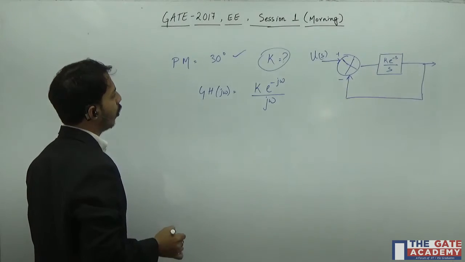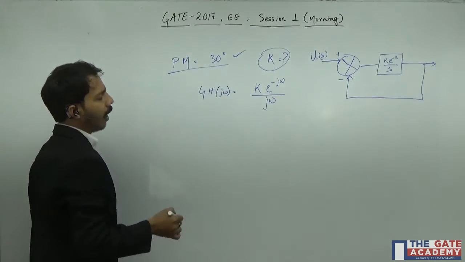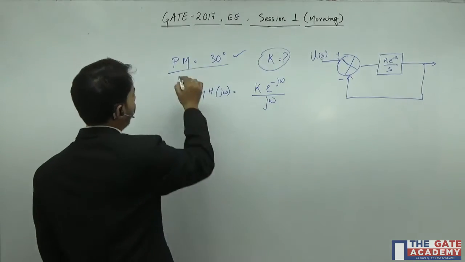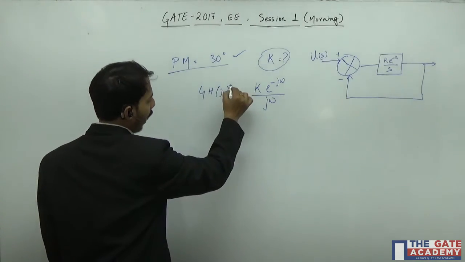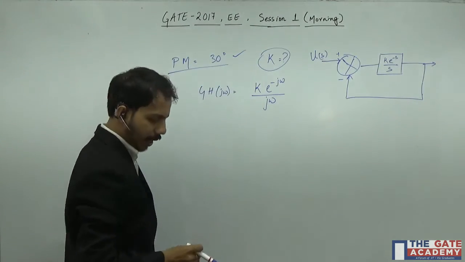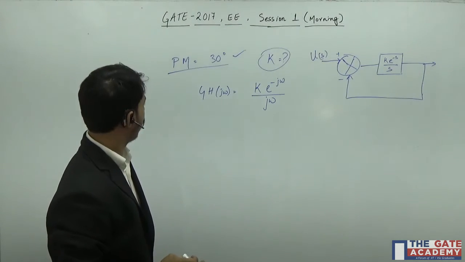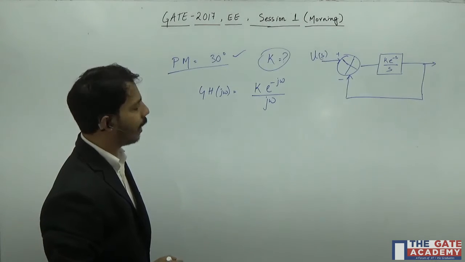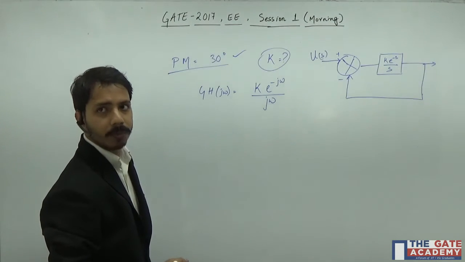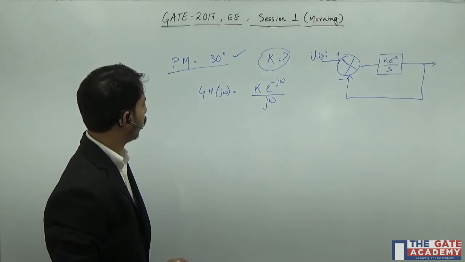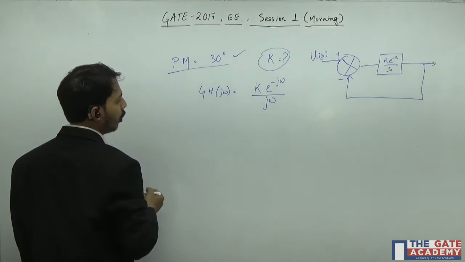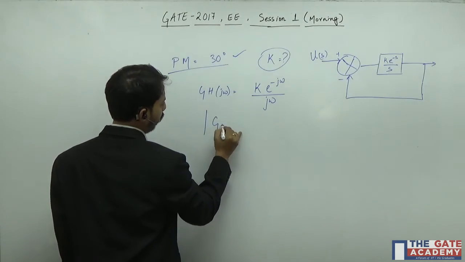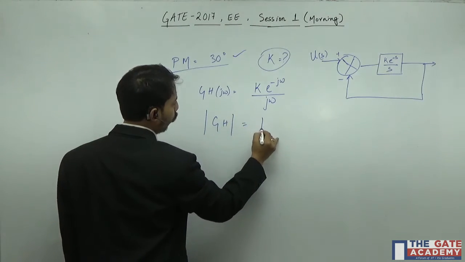Now for phase margin, we need the magnitude at the gain crossover frequency. That means when my gain is 1, or in other words, the magnitude will be 1. So I can say the magnitude of GH is equal to 1.